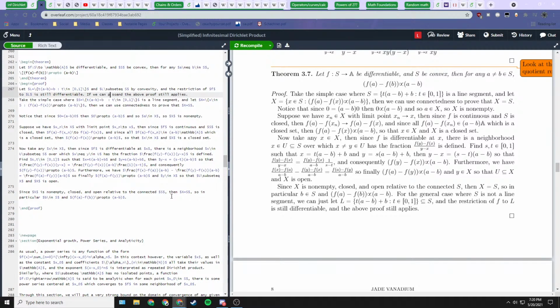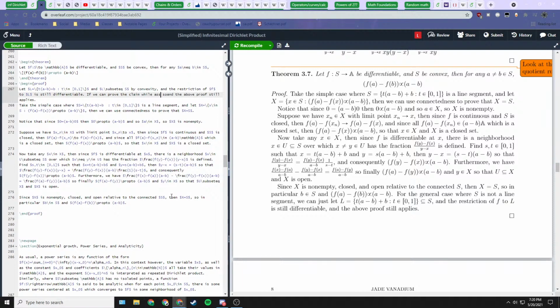If we can prove the claim while assuming S equals L, then it holds in general.